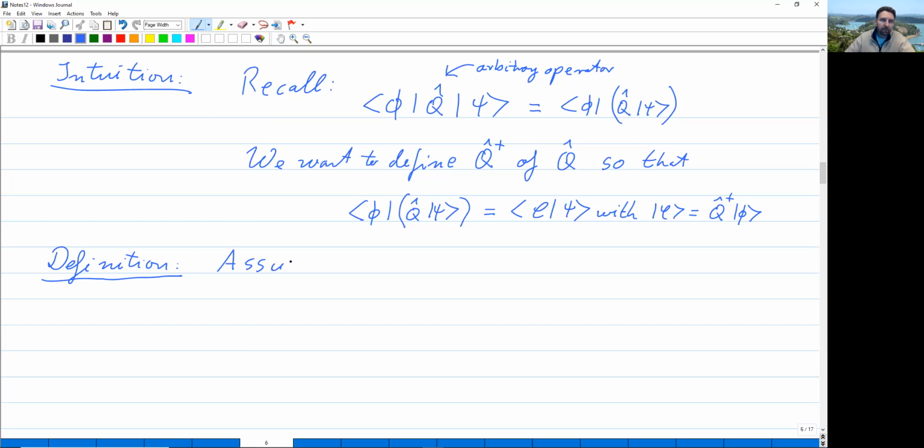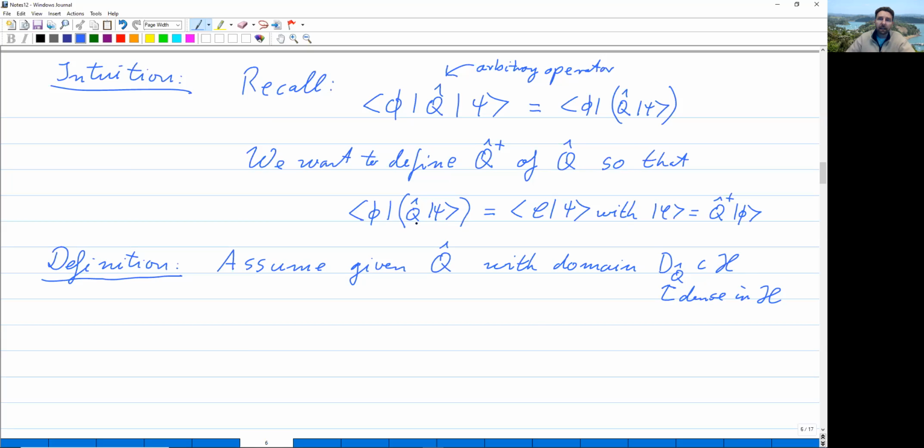So the definition is this: assume given some operator Q hat with domain D of Q hat, which is a subset in the Hilbert space, and we assume the subset to be dense in H. If you remember, I think I mentioned this once or twice before, a subset of the Hilbert space is called dense if no vector in the Hilbert space is orthogonal to the subset.